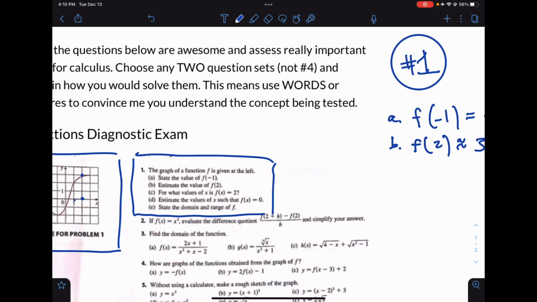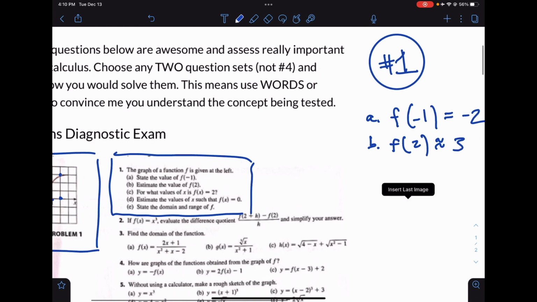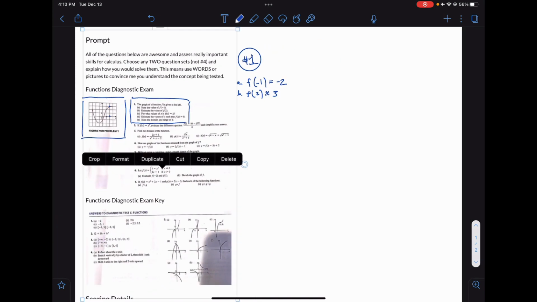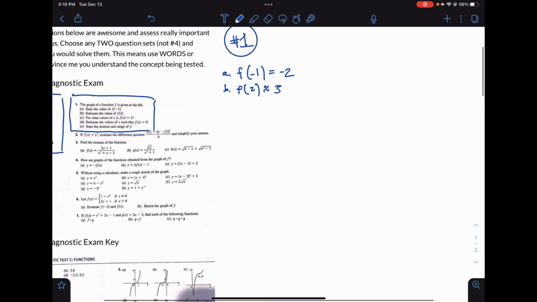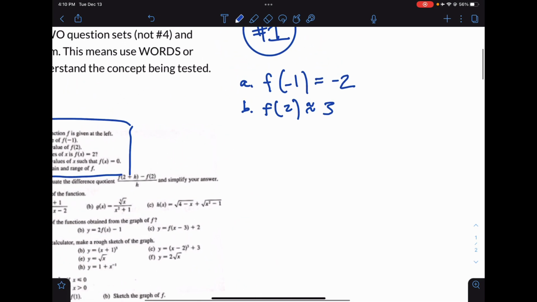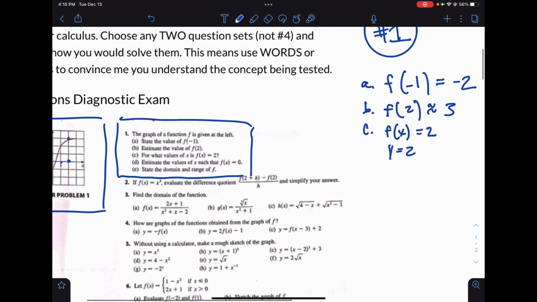C, for what values of x is f of x equal to 2? So for C, f of x is equal to 2. That's the same as saying y is equal to 2.